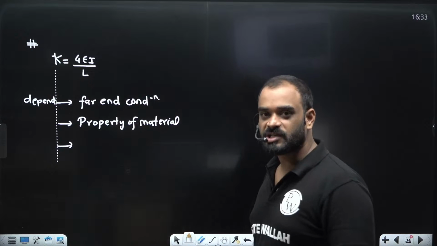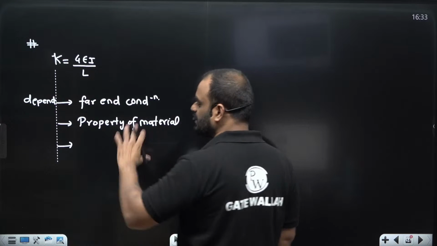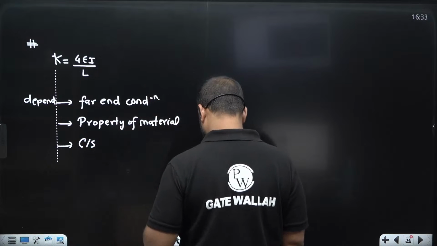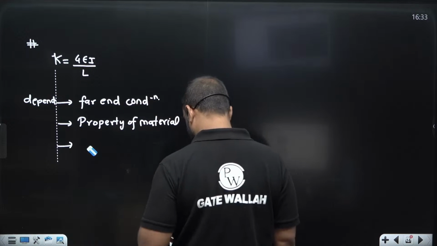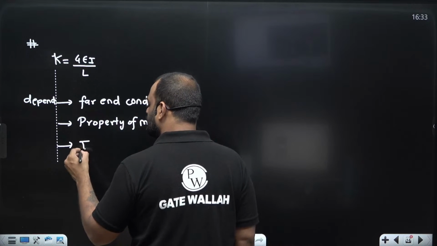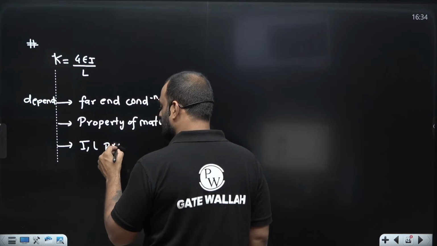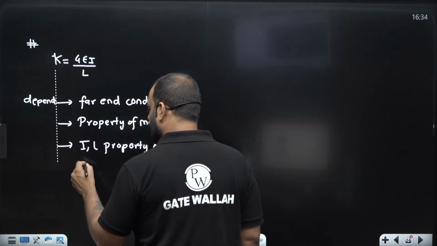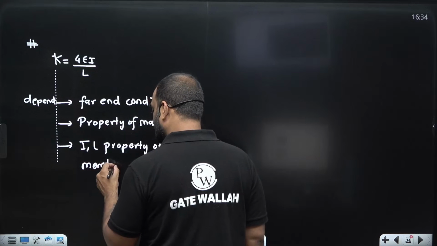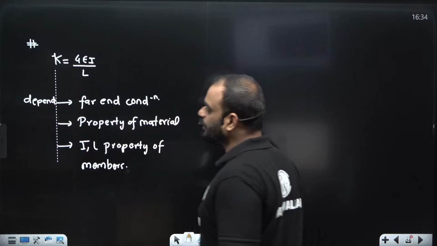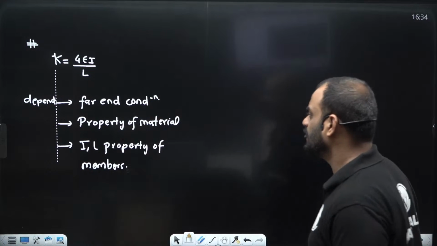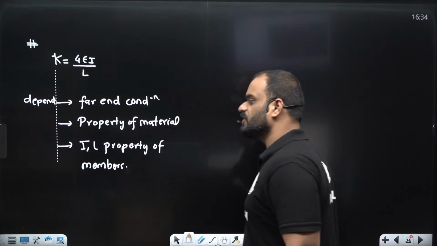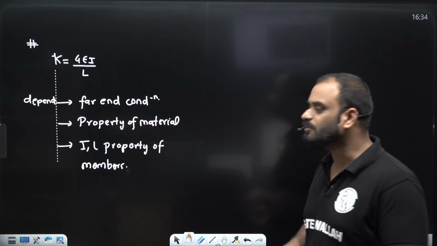Moment of inertia, which is the cross section property of the member. I and L are properties of the member. Getting my point? So our stiffness term depends upon the far end condition, property of material, and property of member.